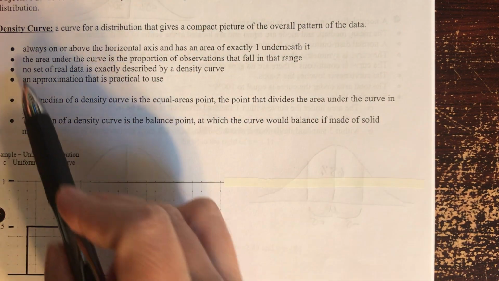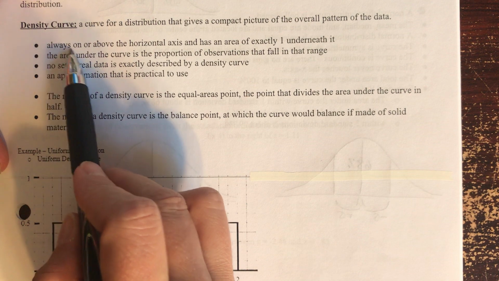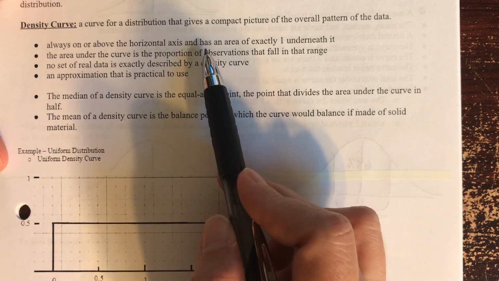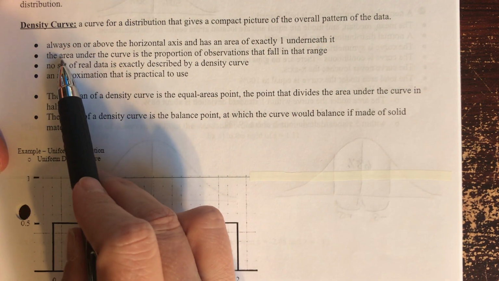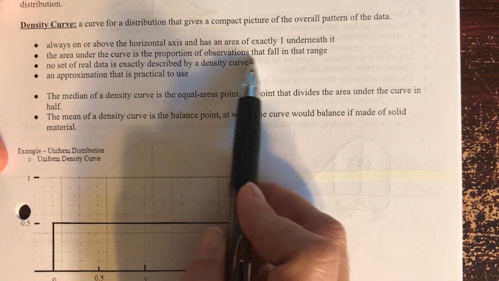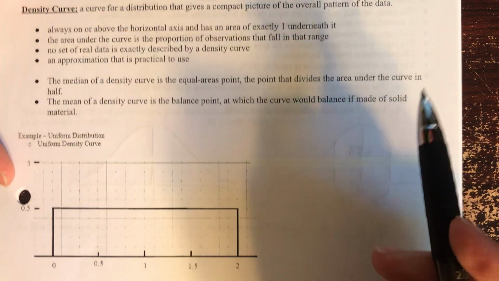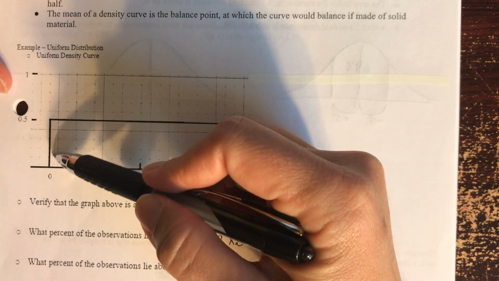Okay, a couple key points about a density curve is that a density curve is always on or above the horizontal axis. It always has an area of exactly 1 underneath it. The area of the curve is the proportion or percentage of observations that fall in that range. So if you think about this density curve here, there could be an infinite number of data points.